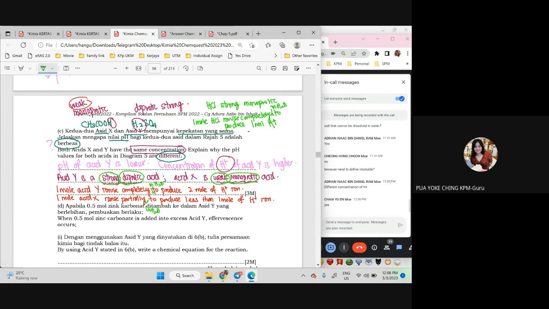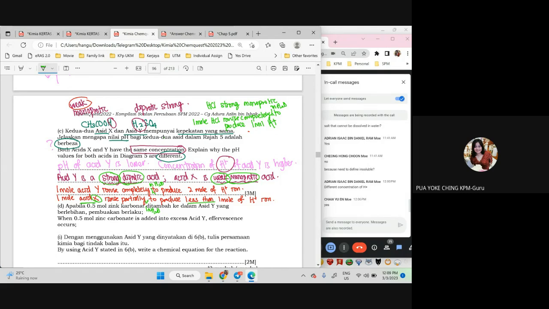Okay, so for X, because it's a weak, so you cannot get 1 mole, you only get less than 1 mole because not all acid X ionized.